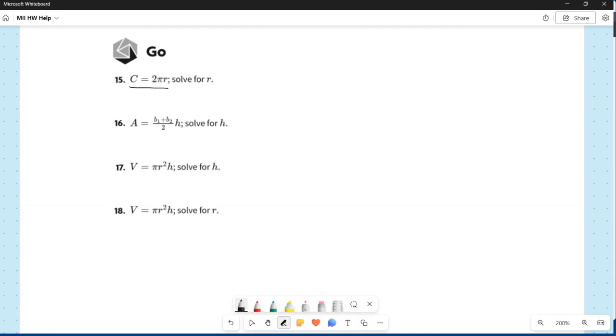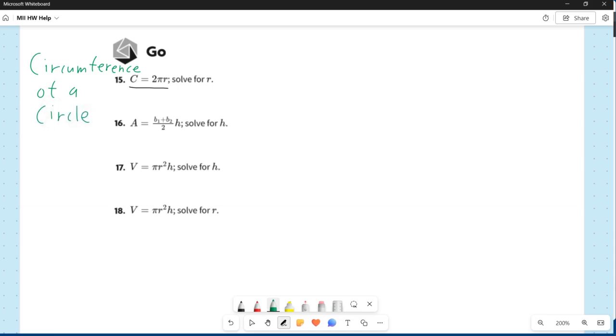So it turns out that for 15, this is the formula for the circumference. I feel like I'm going to spell that wrong, but I don't feel like checking, so if that's spelled incorrectly, I apologize. The circumference of a circle.